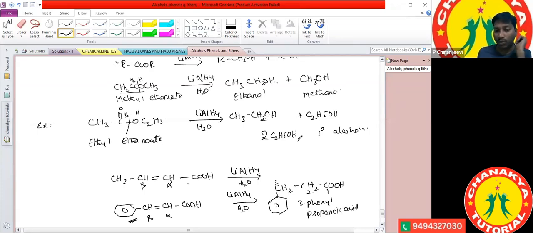Sorry, this COOH is not retained; carboxylic acids are converted into the alcohol. So it becomes C6H5-CH2-CH2-CH2OH, which we can call 3-phenyl propanol. What is the answer for the first one?